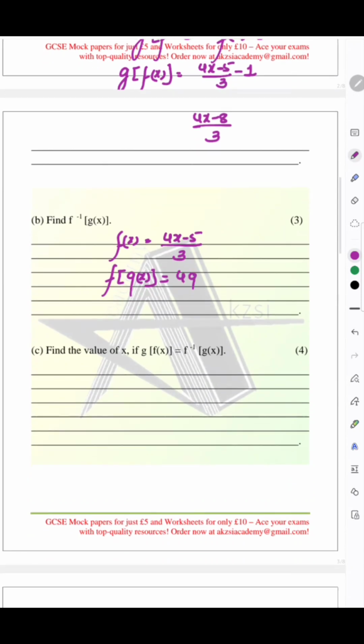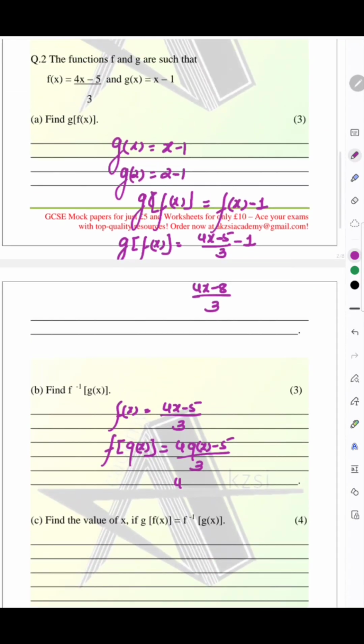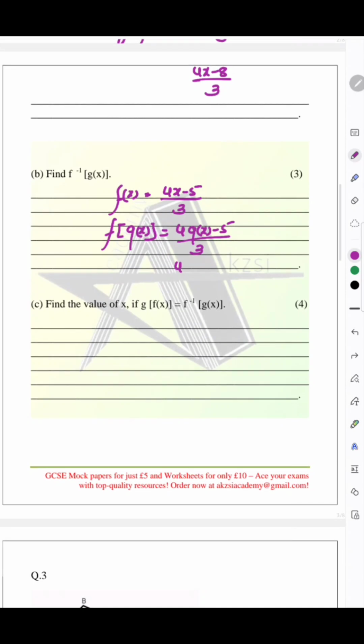So 4 times g of x minus 5, over 3, and g of x is x minus 1. So 4 times (x minus 1) minus 5 over 3. This would be (4x minus 4 minus 5) over 3, which is (4x minus 9) over 3.